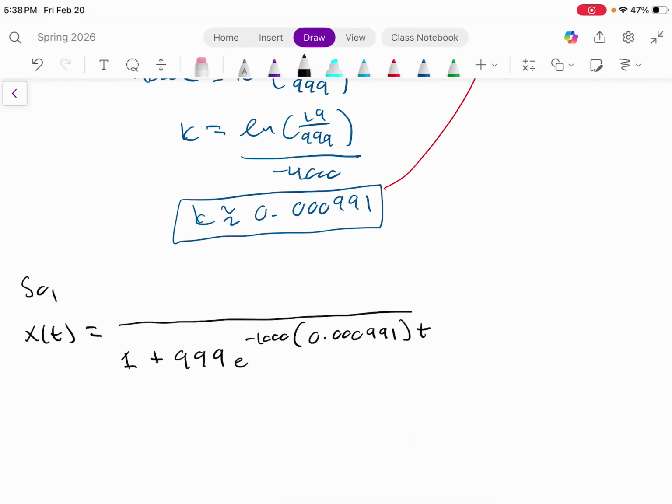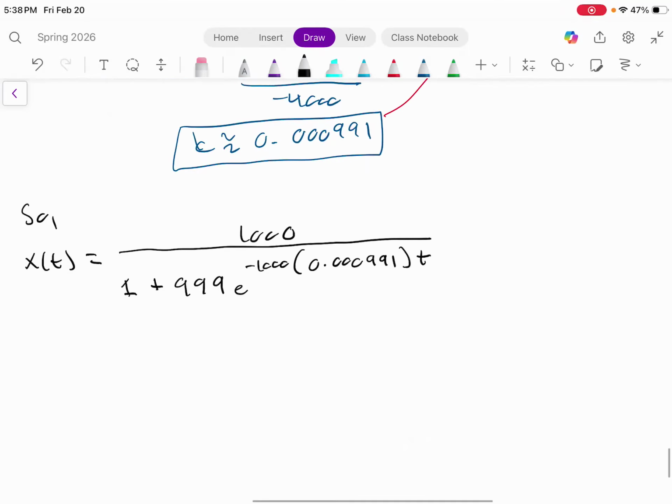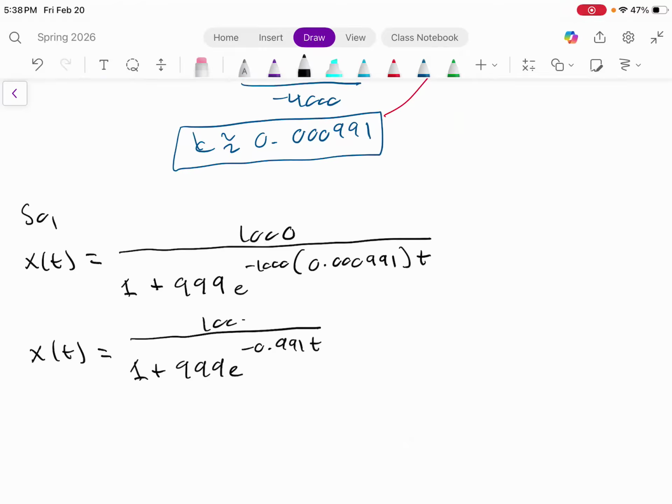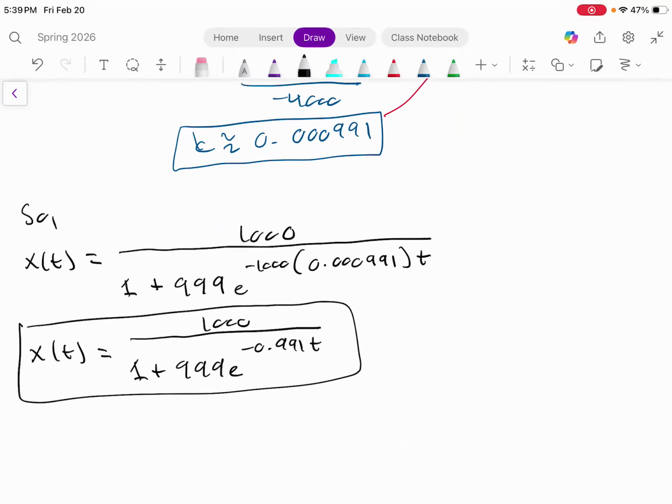And this is all underneath 1,000. So we can simplify this a bit. Negative 1,000 times our decimal, starting off with the denominator again: 1 plus 999 e to the negative 0.991 t. Okay, so this is our solution with our constant k.